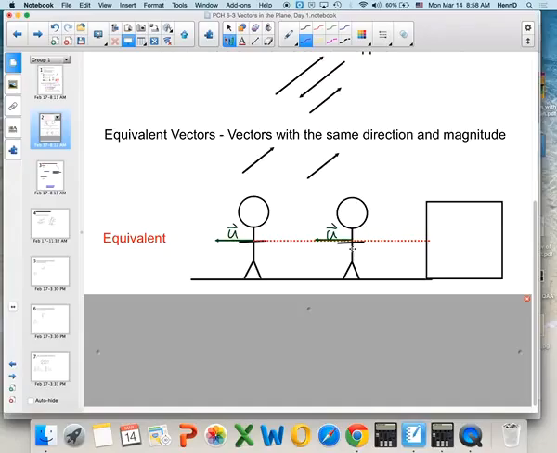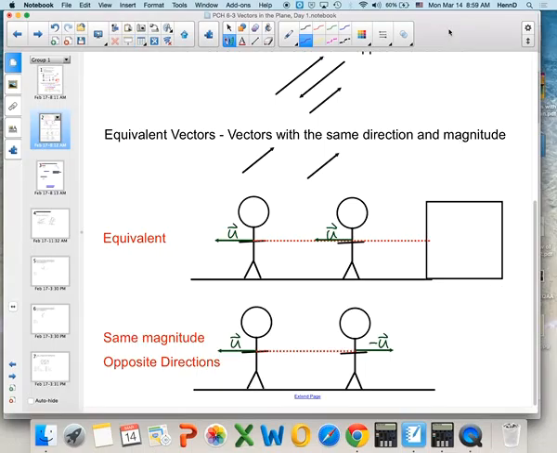Now we have another case though where we may not be working together. Okay? If we're not working together, that's kind of like a tug of war. Okay? Here we have the two people. Now they're pulling against each other. All right? And here this guy still has that same amount of force. He's pulling this direction. This guy, though, is pulling the opposite direction.